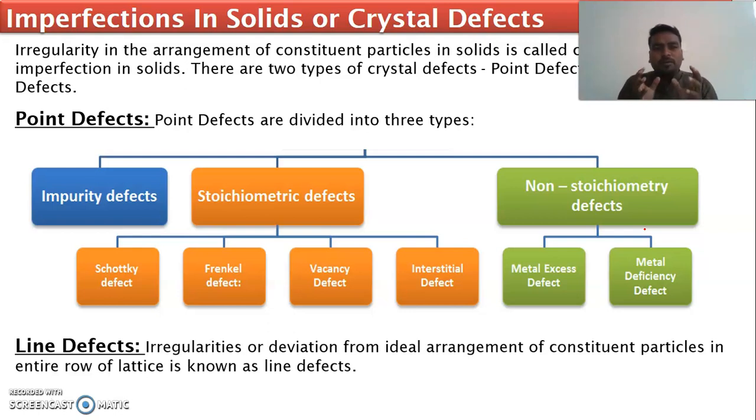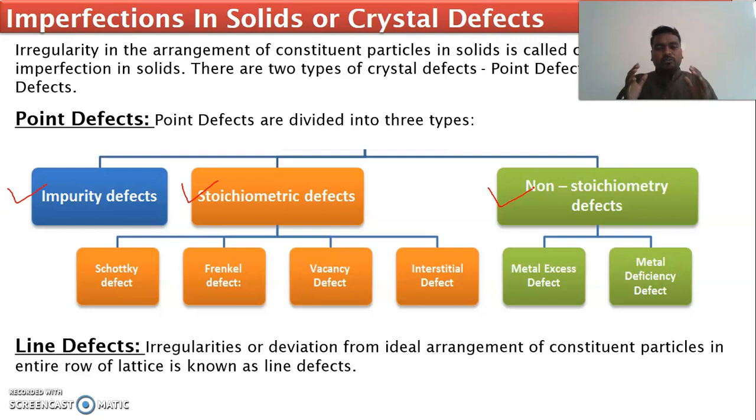That is, one atom undergoes a change. Line defect means an entire row undergoes defects. Again, point defects are further classified into three types: impurity defect, stoichiometric defect, and non-stoichiometric defect.